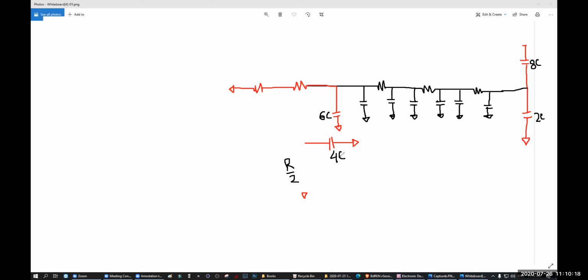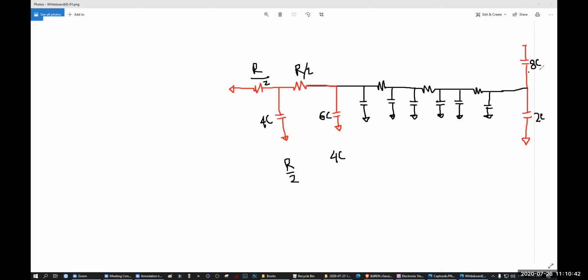This capacitor is what? 4C, right? It was from here to the bottom, ground. Understood? Yes, sir. Okay, this is 4C. This is R by 2. This is R by 2. This is 6C, this is 4C. That's it.